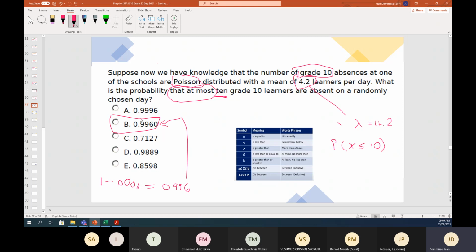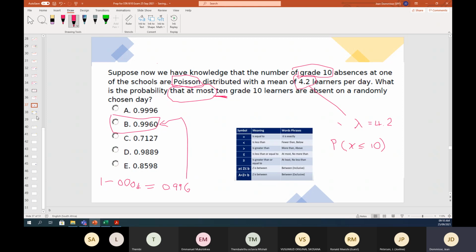Again, one could have made the mistake of seeing the 9s and the 6 and wanting to say option A. So just be careful in the exam when things look very similar, that you get your answer right. Be very careful for this one.